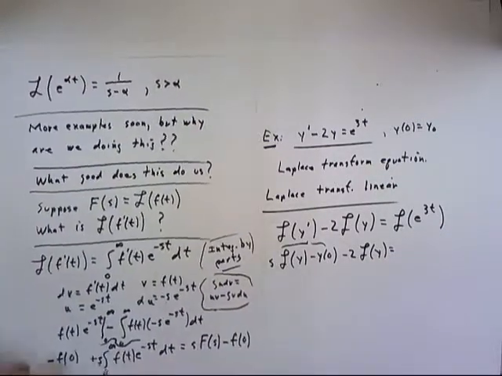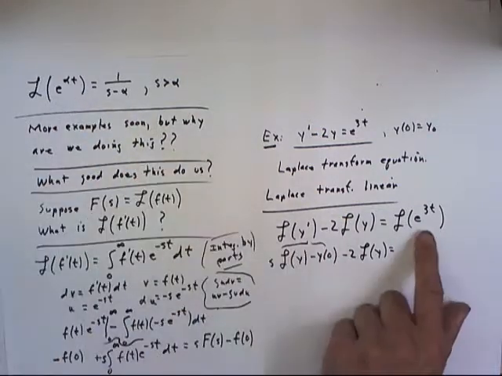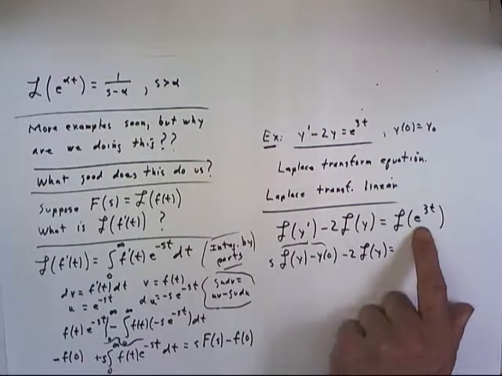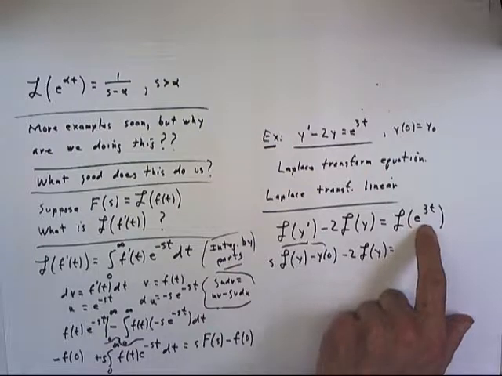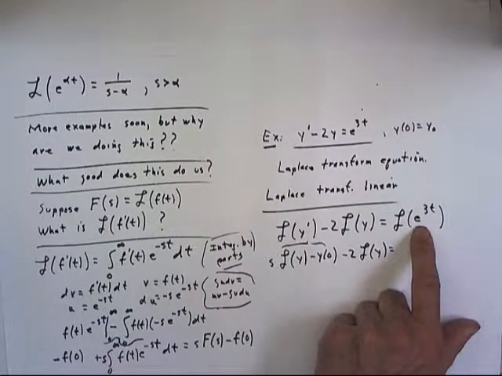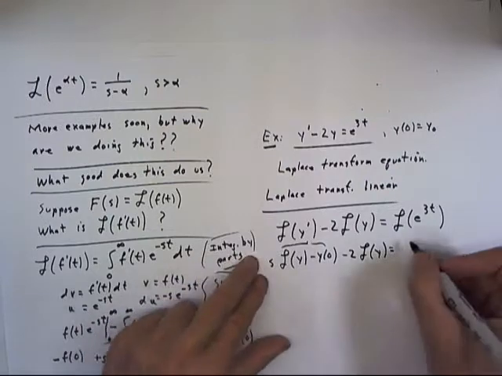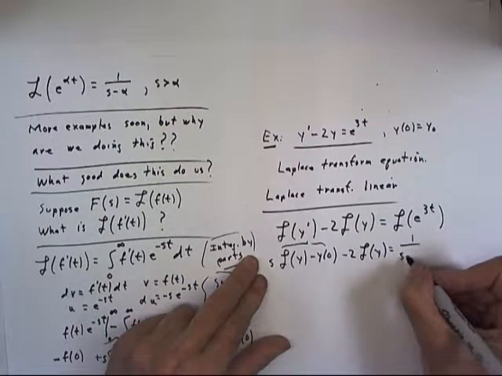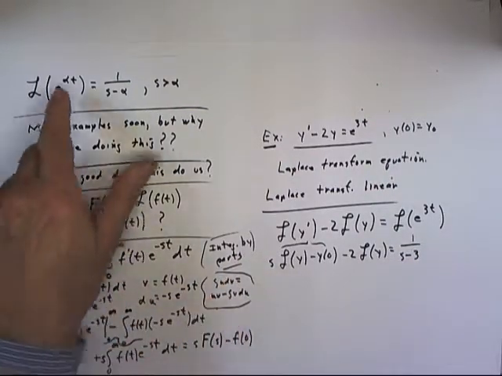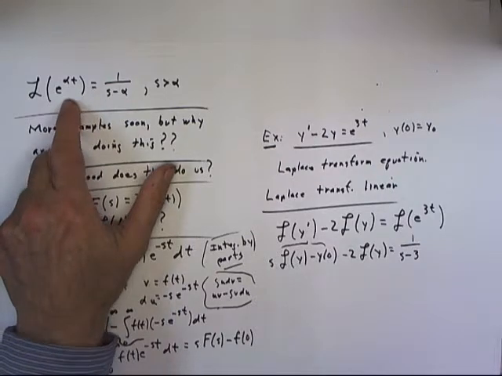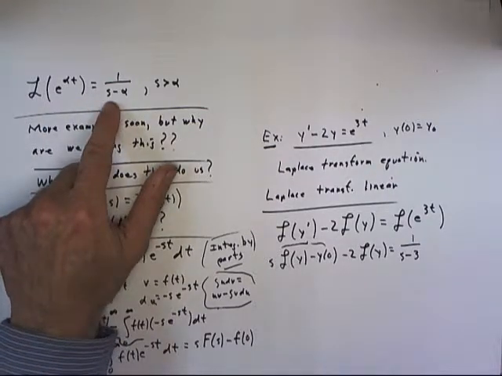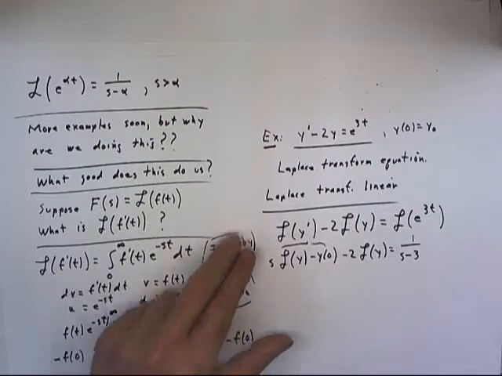Well, we don't have to remember too far back to see. Matter of fact, that was our first example. I didn't really even think of that when I wrote that down there. It was just kind of a natural function to choose. We've already seen that the Laplace transform of e to the 3t is 1 over s minus 3. And that, of course, comes from this more general formula for the Laplace transform.